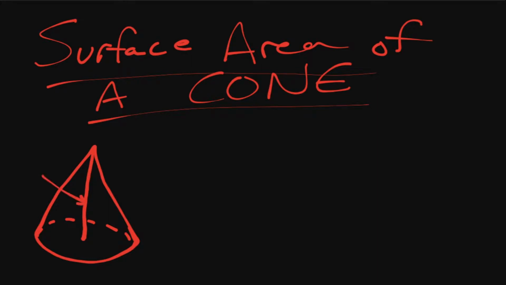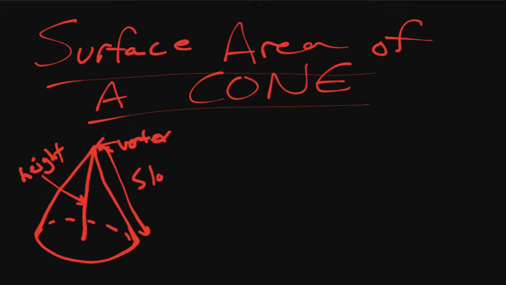That is going to be referred to as the height of the cone, from the dead center of the circle to the top, which is the vertex, and from the vertex to the edge.